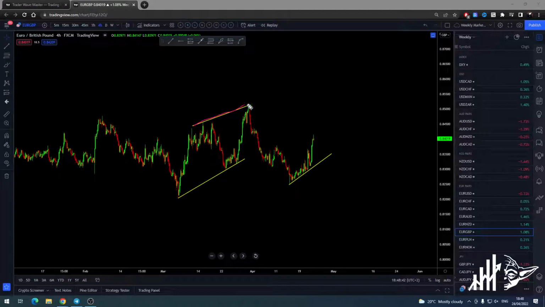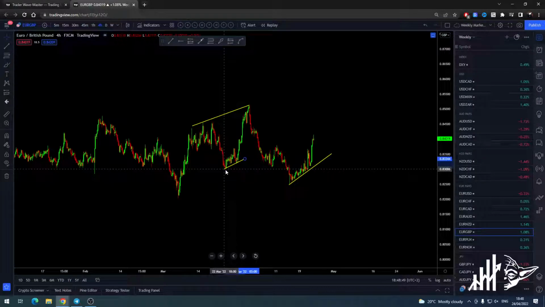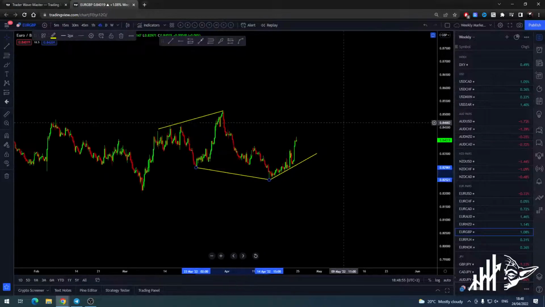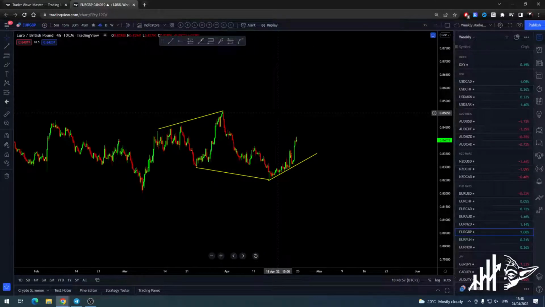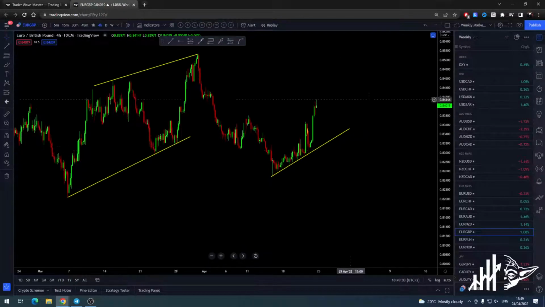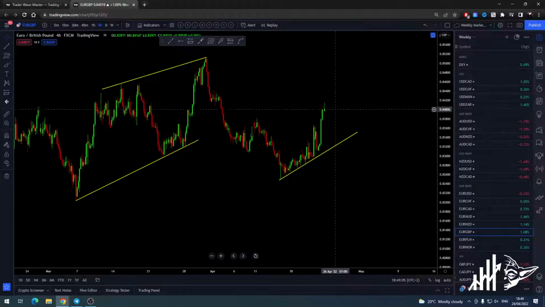Can this be some sort of expanded flat? Possible. I don't think so, but we have to watch it. We have to be aware of these options. So from the current point as it stands right now, we have to watch.